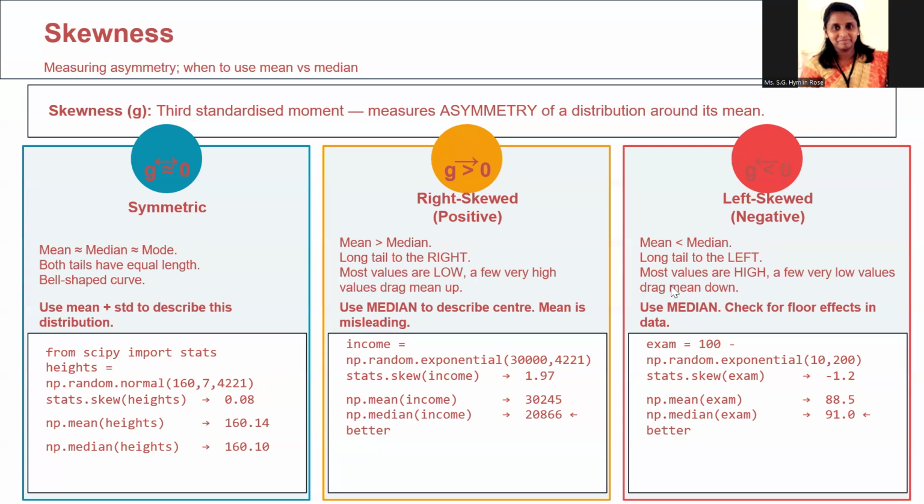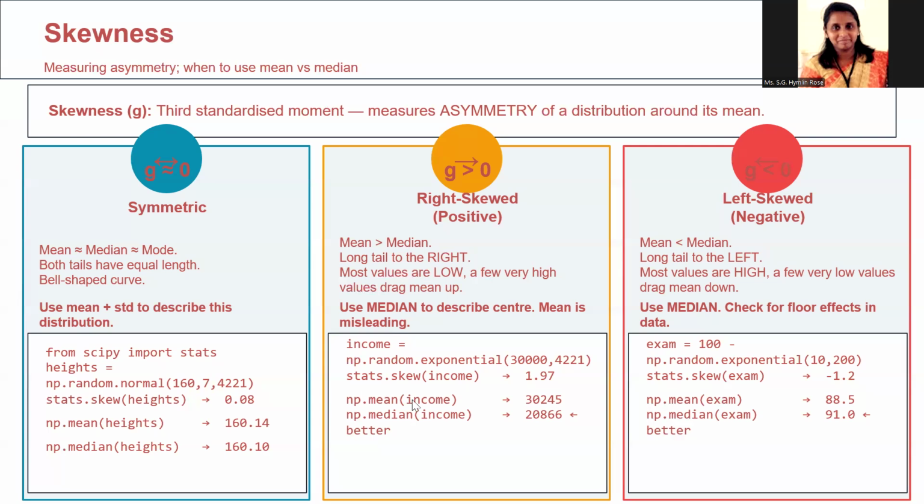The mean is less than the median, with a long tail to the left. Use the median here. Also check the data for floor effects, that is values bunched at the minimum value, because it is left skewed. Commonly known examples are exam scores in an easy test, age at death, and product lifetimes near end of life. So this is the Python code for the given.